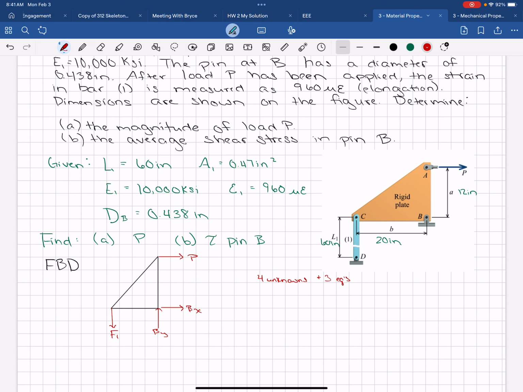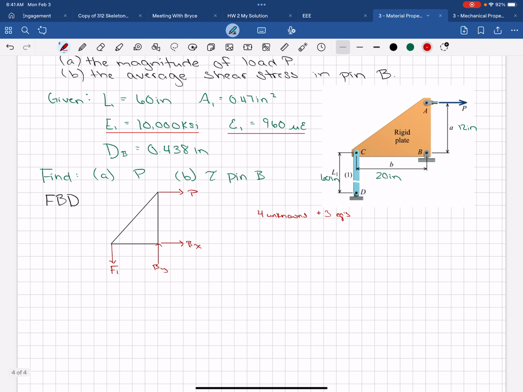So if we know the strain in bar 1 and we know the elastic modulus of bar 1, then we could use Hooke's law to calculate the stress in bar 1.